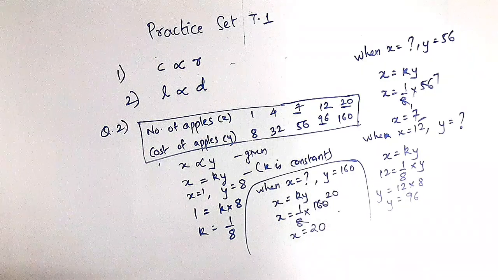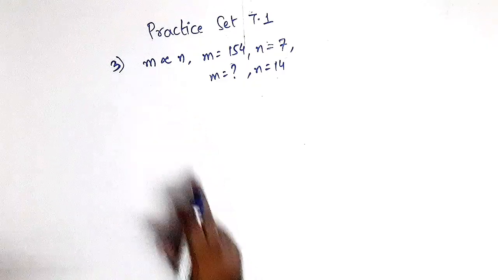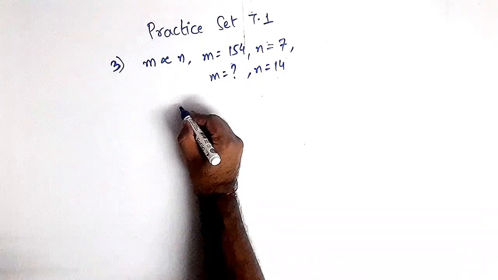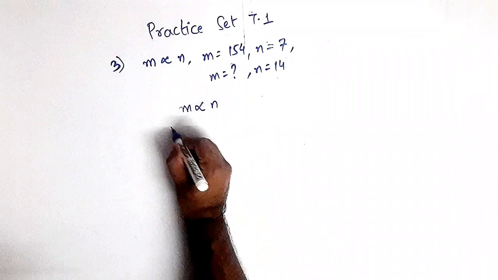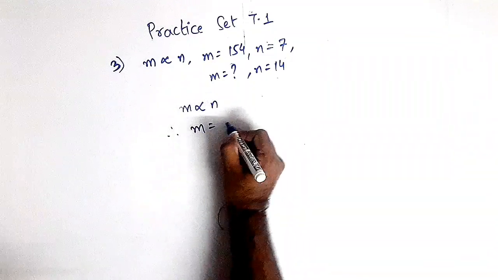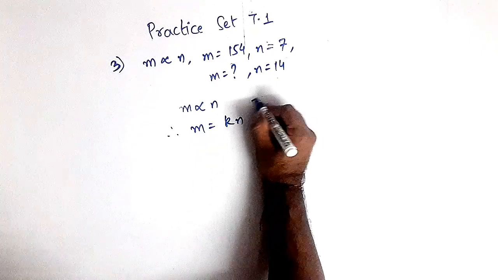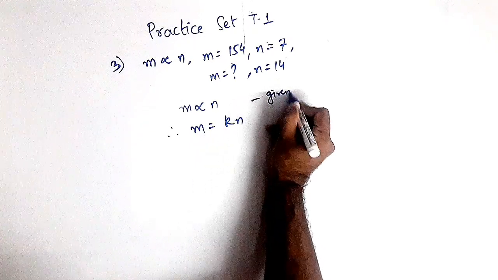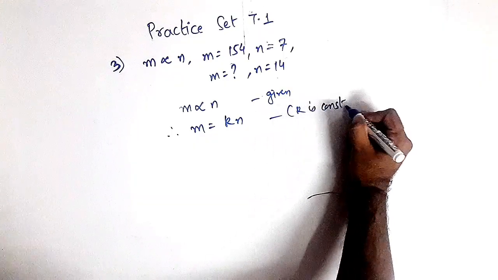Then the second one says that m is directly proportional to n. So what will we write first? m is directly proportional to n. Therefore m is equal to kn. Okay, this is given, k is constant.